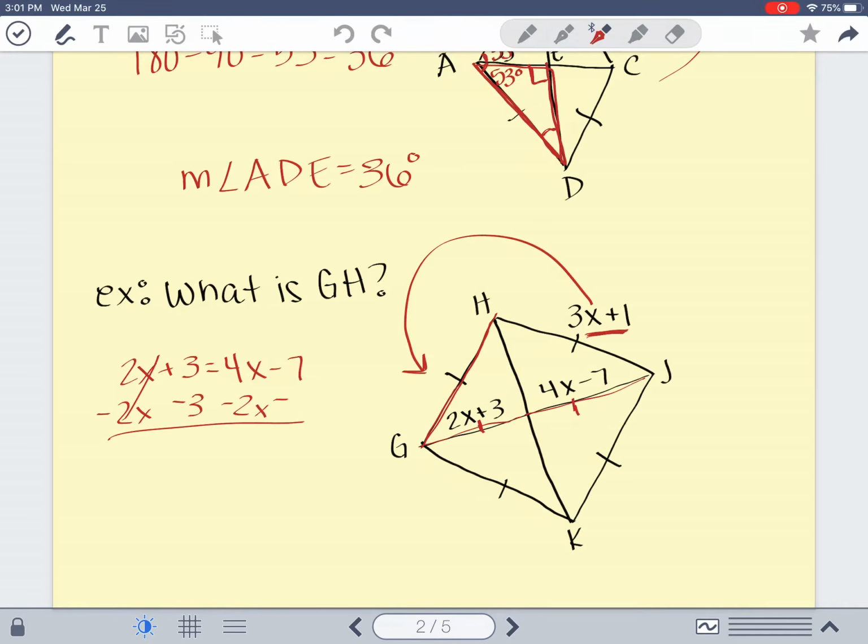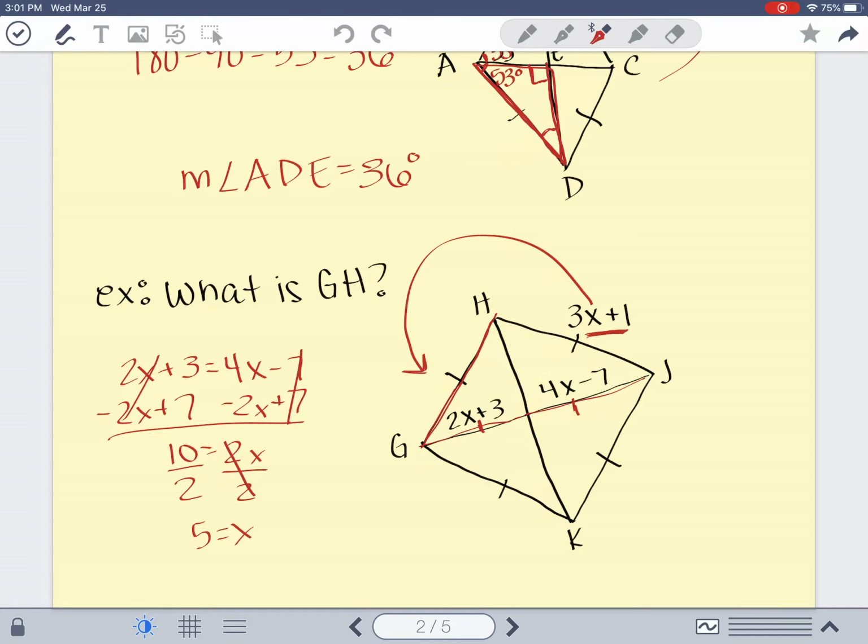Subtract 2x on both sides. Subtract that 3 on both sides. Oh, sorry, not the 3. Add the 7 on both sides. So we get 10 equals 2x. Divide both sides by 2, and we get 5 is equal to x.